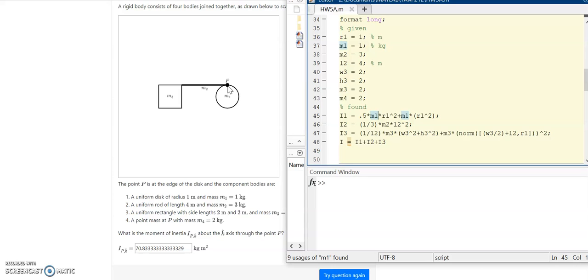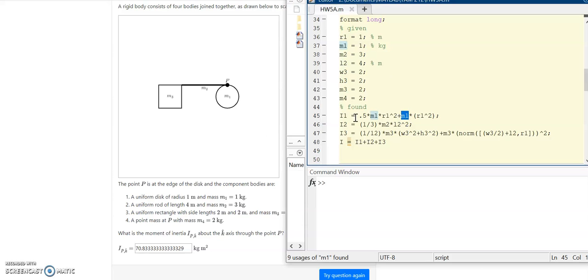So this is where you want to invoke the parallel axis theorem, which says that if you have the moment of inertia of a body about a point, and you're trying to find the moment of inertia of the same body about a different point, you can take the moment of inertia about the first point, which in this case is the center of mass, and then add to that the mass of the body times the distance from the first point to the second point squared.